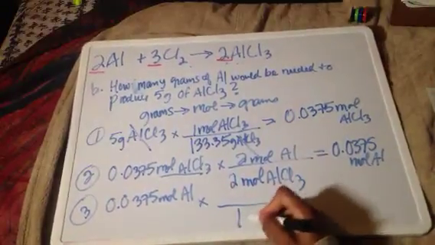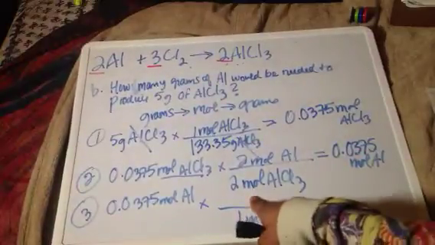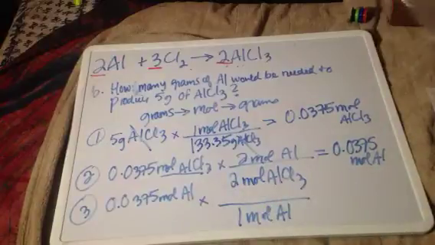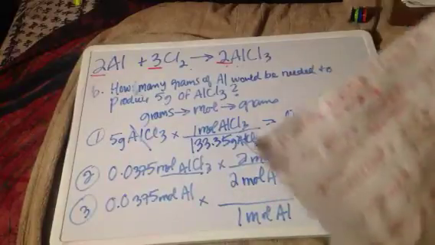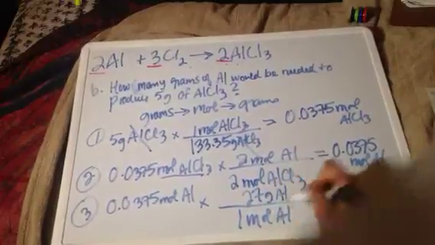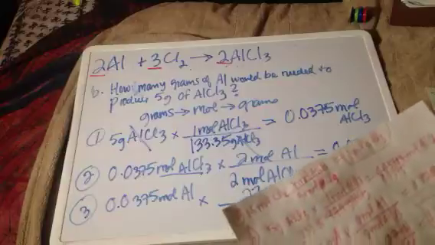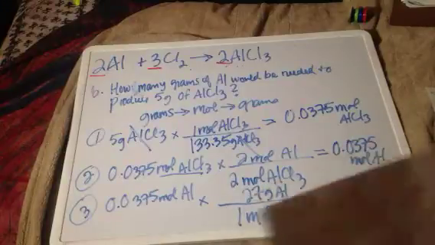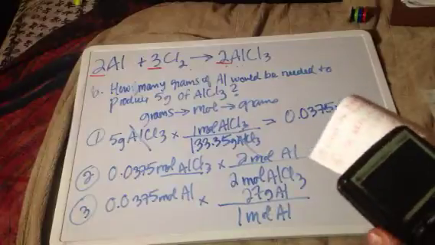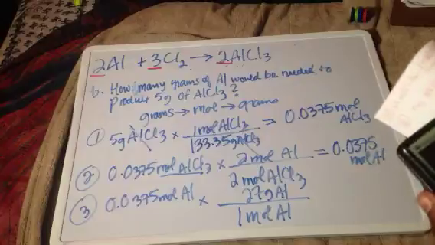And we know that 1 mole of aluminum would be the molecular weight of it, and aluminum is 27 grams. So let's see what we get: 0.0375 times 27.